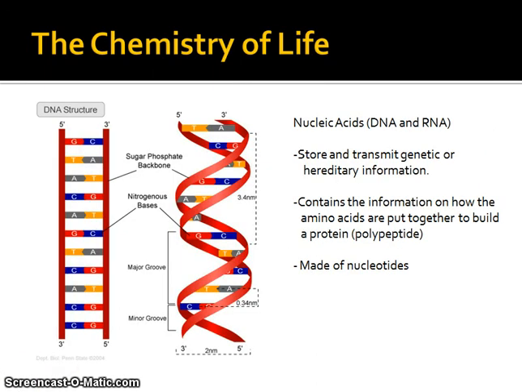Okay, let's talk a little bit about nucleic acids. Here we see the basic structure of DNA. It looks kind of like a ladder, which is twisted. You should know that nucleic acids in general, they store and transmit genetic or hereditary information. And what that really means is that it contains the information on how the amino acids are put together to build a protein or polypeptide.